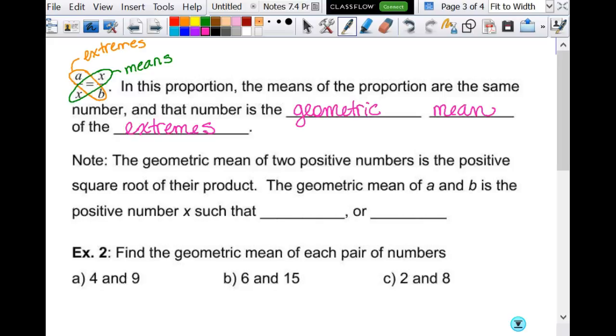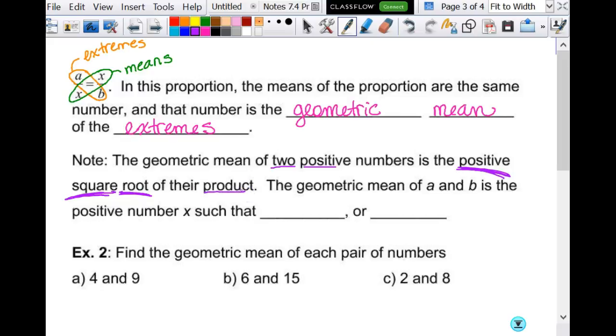Okay? So the geometric mean of two positive numbers is the positive square root. Okay, so we can only take geometric mean of two positive numbers. It is the positive square root, because remember, when you take a square root, you've got two answers, a positive and a negative. We only care about the positive when we're doing geometric means of their product. So basically it means I'm going to take this proportion and solve it.